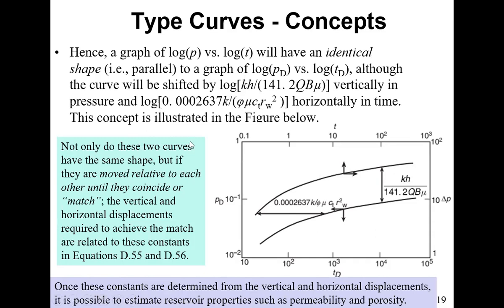So not only do these curves have the same shape, but if they are moved relative to each other until they coincide or match, the vertical and horizontal displacements required to achieve the match are related by equations D55 and D56. I will demonstrate this in an example to bring the concept home.